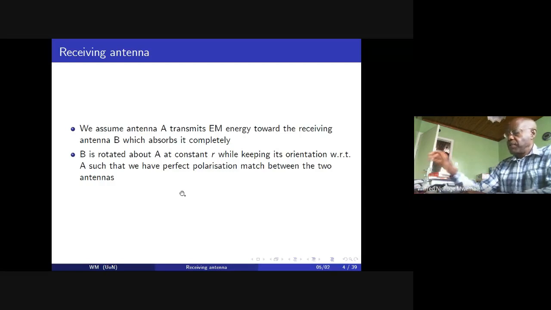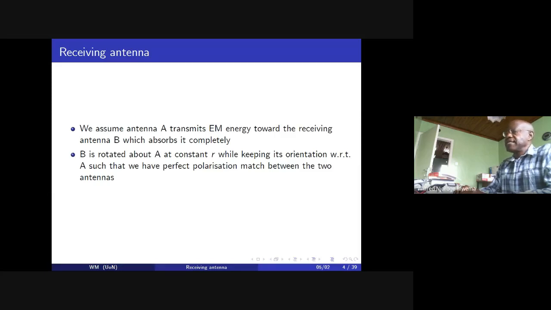Remember, when we were talking about the equivalent length of a receiving antenna, we said that if the incident wave and the receiving surface are not matched in polarization, we have to use a dot product, that is the cosine of the angle between the electric field vector and the direction vector of that antenna, the orientation of the antenna, and therefore the field could be 0.